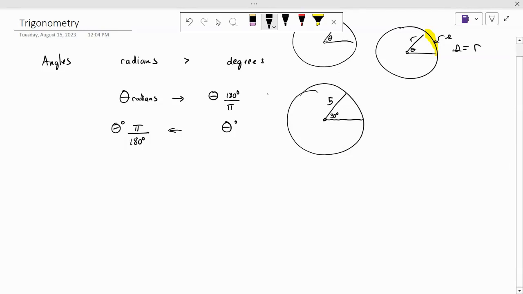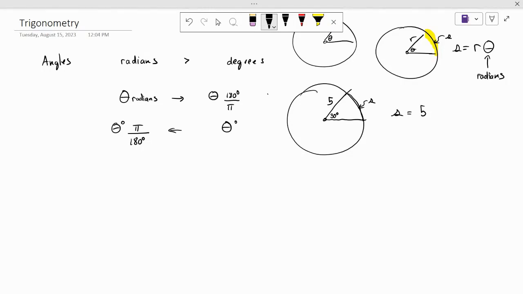So we know S is the radius of the circle times the angle measure, right? However, for this to be valid, this angle has to be in radians. Right, so radians relate angle measures to lengths. So for example, if you want to know this length S, this is wrong.